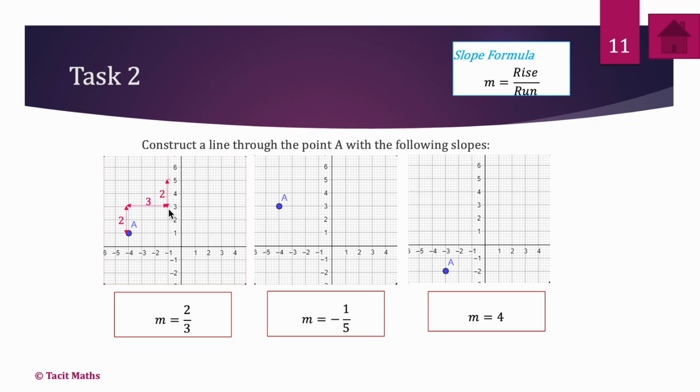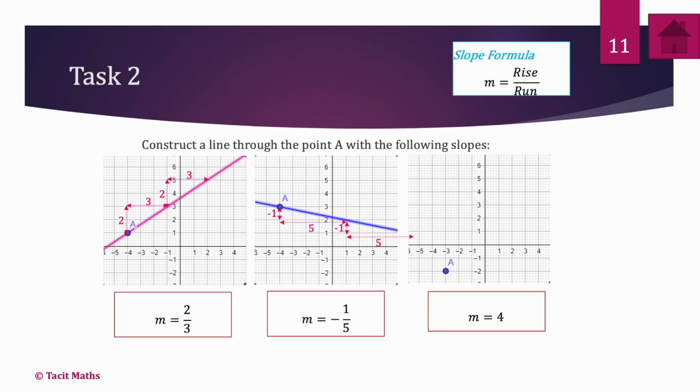Then it's going to go up 2 and across 3, so the next point after that is going to be that point there, etc., etc. So from that, then we can draw that line, right? So if it's minus 1 over 5, that means it's going to go down 1, across 5. So there's your line. And if it's just 4, well, 4 as a fraction is 4 over 1. So 4 over 1, up 4, across 1, rise 4, run 1, and there's your line.